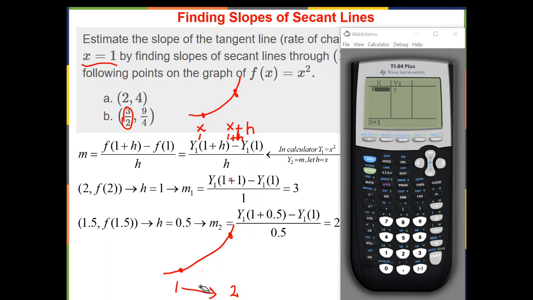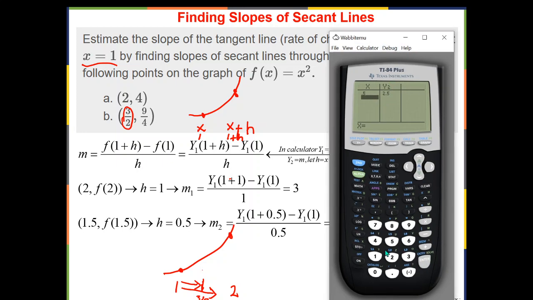So 2.5 is in the middle somewhere. So this time I want to be over here. How far is it from 1 to 3 over 2? That's 0.5, right? So I'm going to just put 0.5 here. And you see it's 2.5.